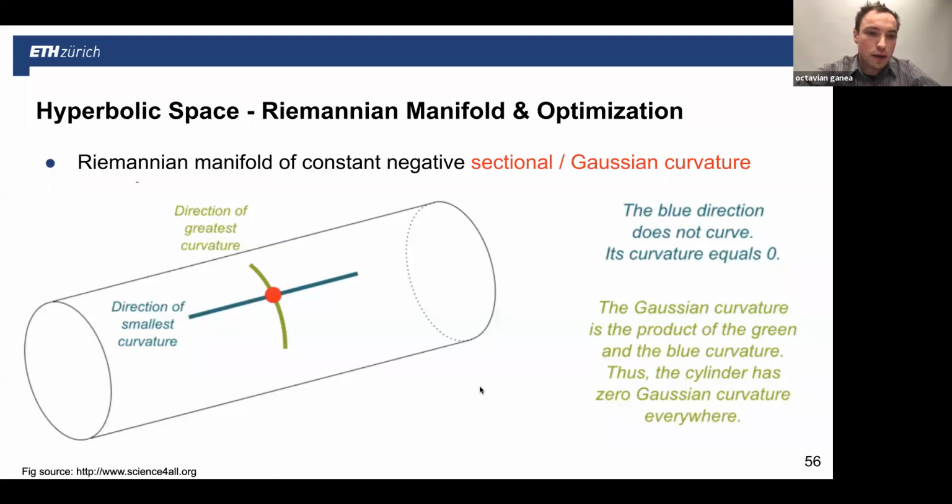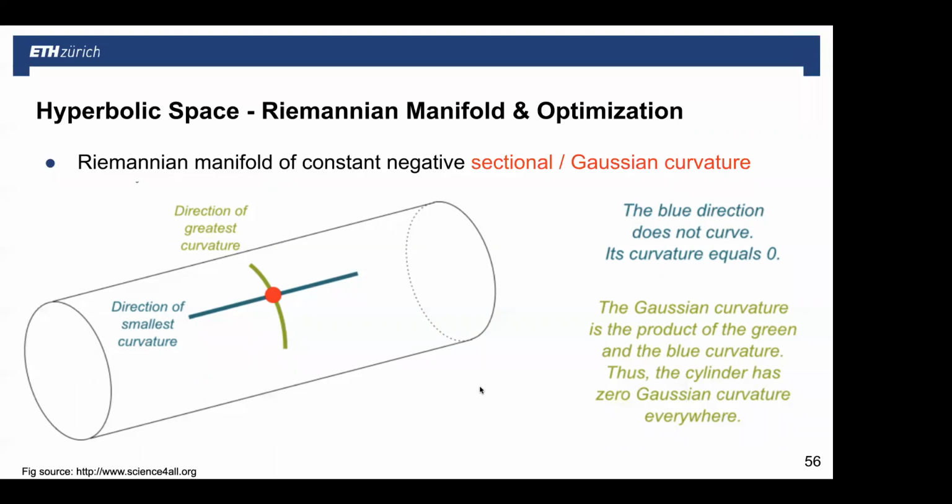A bit counterintuitive is that the cylinder is going to have zero curvature. If you want to understand why this is true, you can take the cylinder and make a single cut, and then it can be completely flattened onto a flat sheet of paper. You cannot actually do this with a sphere, let's say.